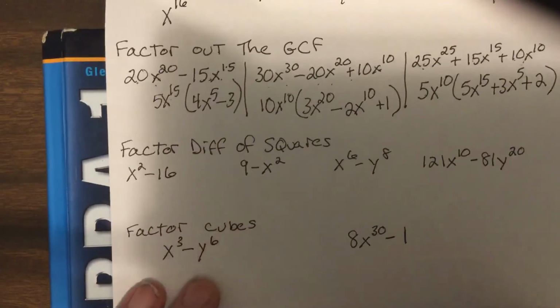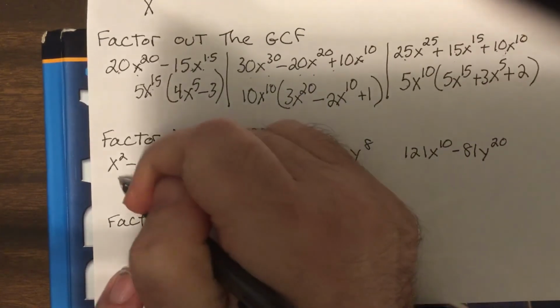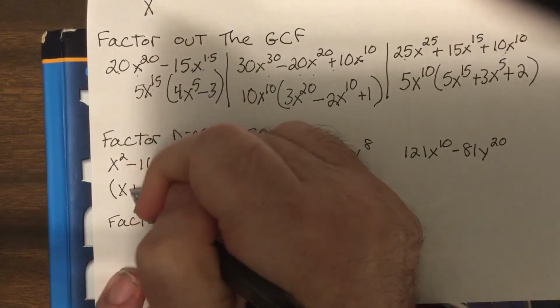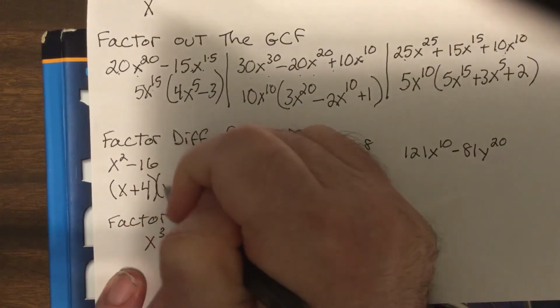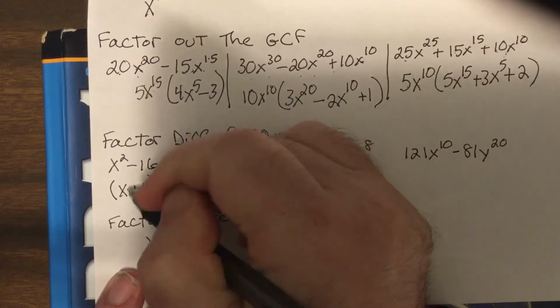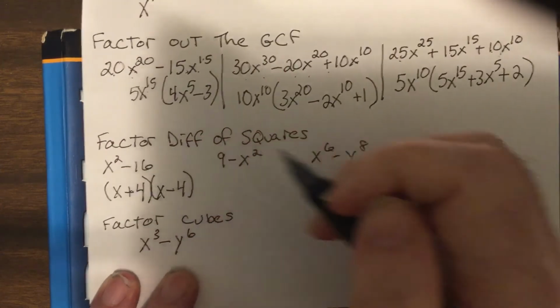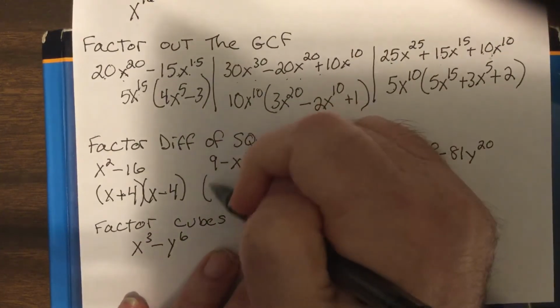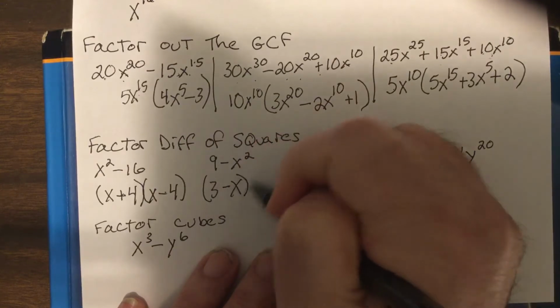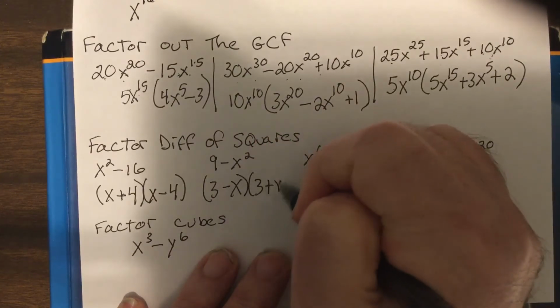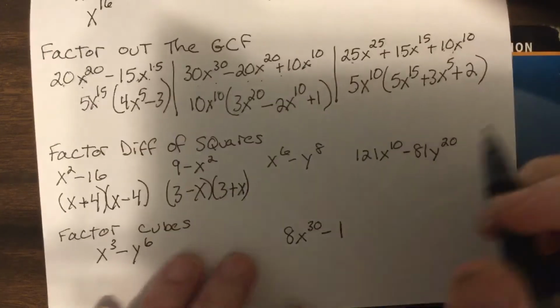Okay, difference of squares. So here we go. This would be X plus 4, X minus 4. Now, if you put the minus here and you put the plus here, that's okay. So this would be 3 minus X, 3 plus X. See, I switched the plus or minus. That's okay.